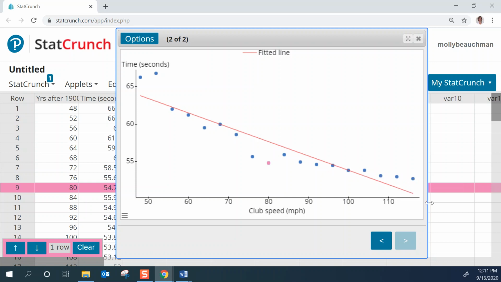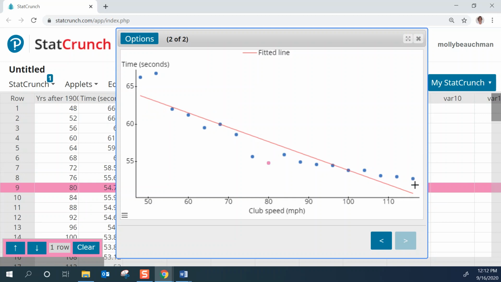So if we were to extend this line to 132 and get 47 seconds, it's probably too fast. It might not be a great prediction, mainly because it's a little bit too far out of the range of our data. So for prediction purposes, lines of best fit are pretty good if you're going just a little bit beyond your data set on either end, but not so good if you're trying to predict far in the future.